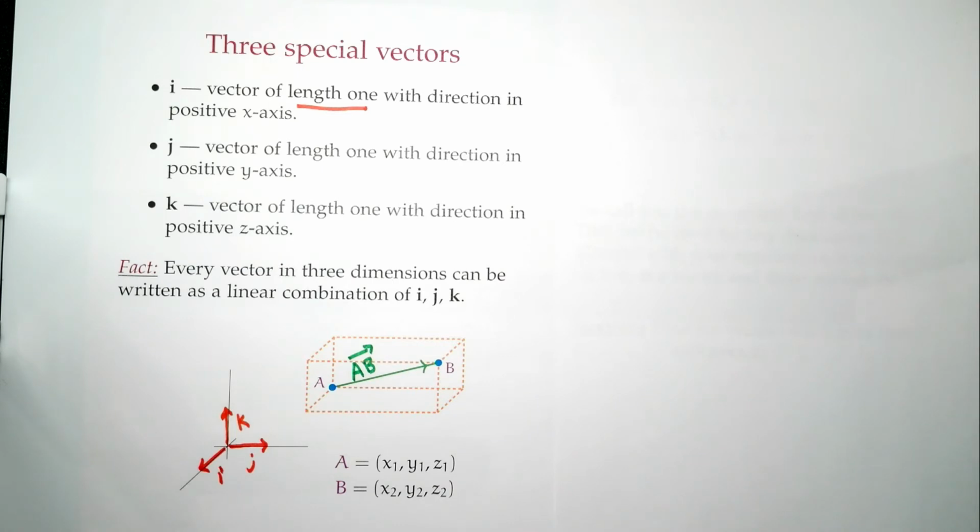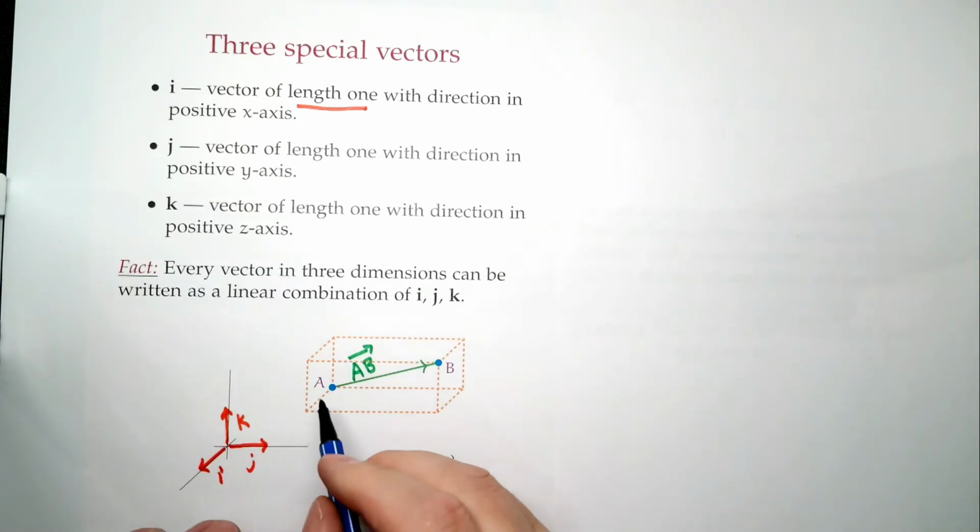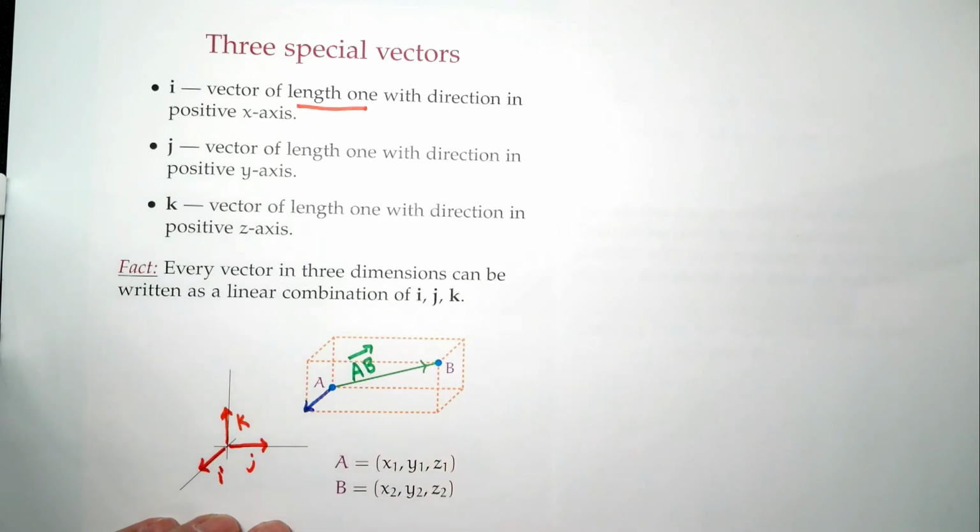What I can do now is think about this box. There's this box set up here. How can I get from A to B by using the box? Well, I can move along the edges. For instance, I can move first along an edge on the bottom left, then I'll move along the bottom in the front, and then I'll move up.